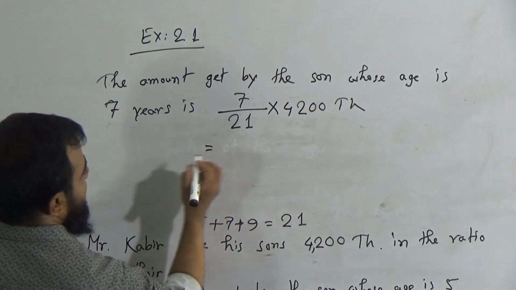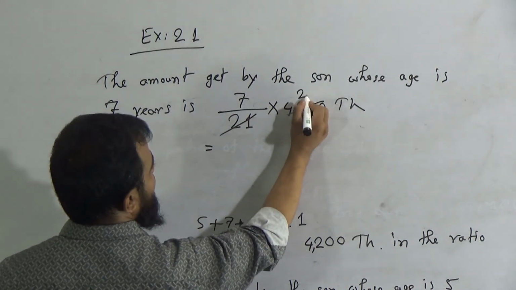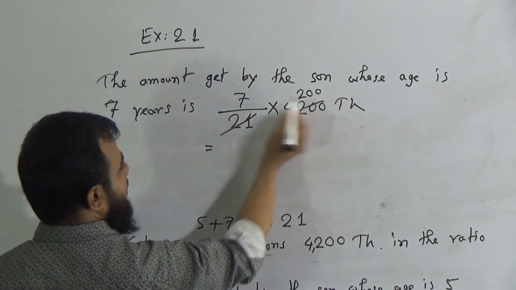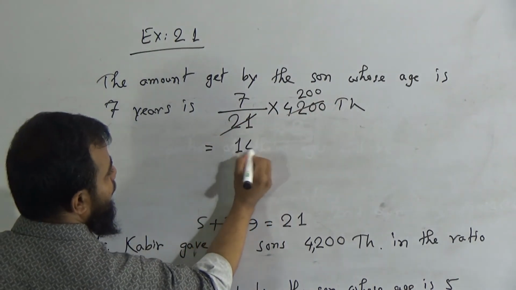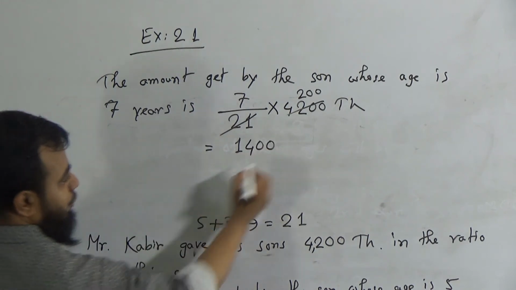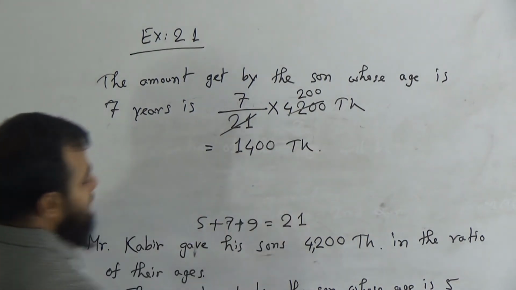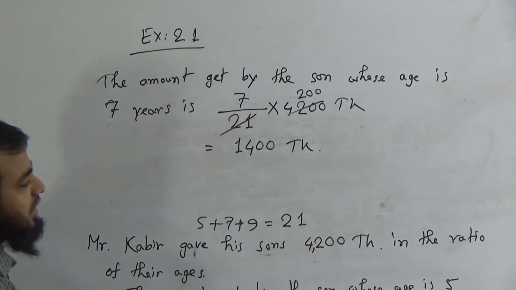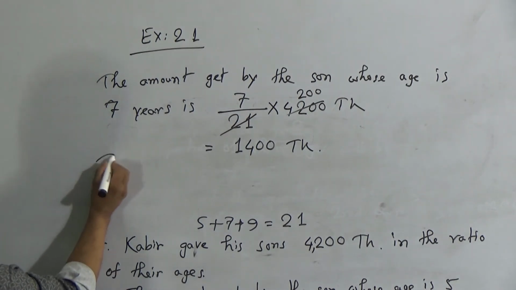You can cut this one by 200. Now 200 multiplied by 7 will be 1,400. That means 1,400 taka. And my students, whose age is 9, how much amount is got by him?